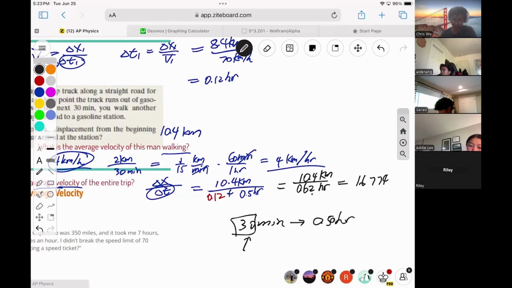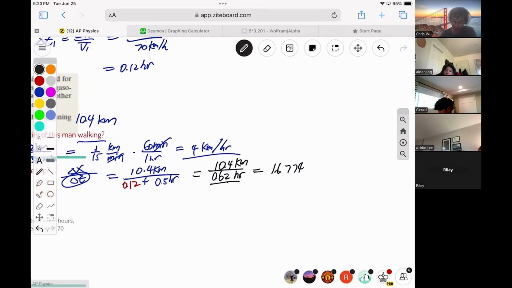So really, if I'm being strict with myself, I should probably say this is 0.50 hours. So that's why I still have two significant figures here. And then, yeah, there we go. We should round it to two significant figures. So 17, right? 16.77 something. That rounds up to 17. Not 71, 17. Right, so that's my final answer.